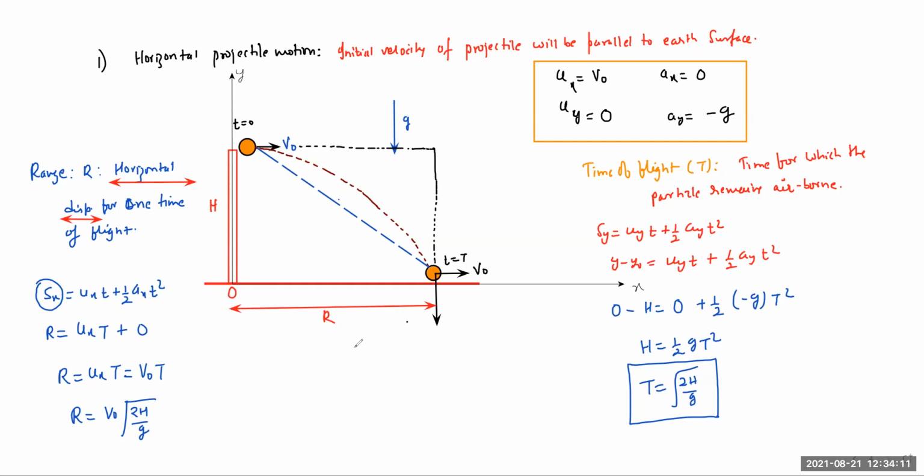One time of flight means, for the ball, it will be only one. Correct. The moment you are about to hit for the first time, that's called one time of flight. After the hitting, it will do something more, but we are not considering that event.